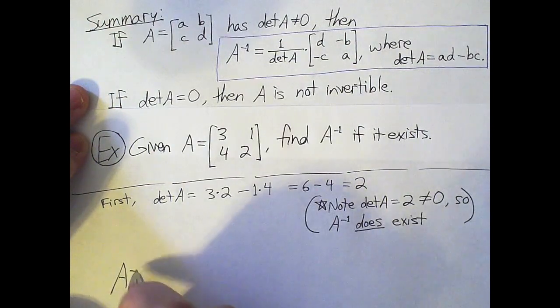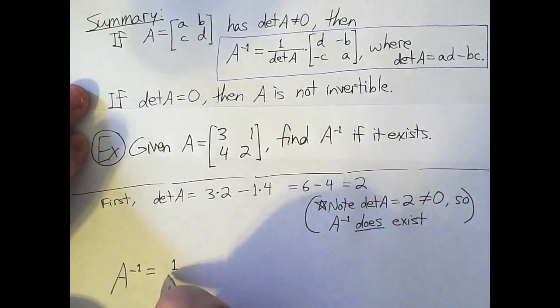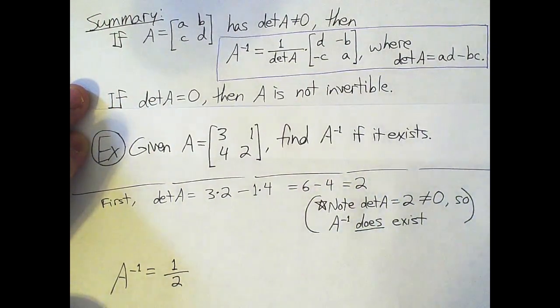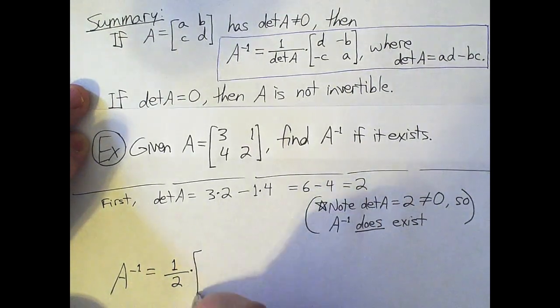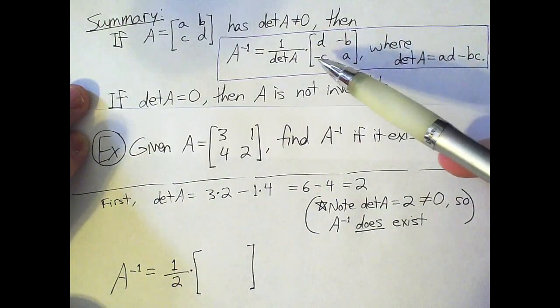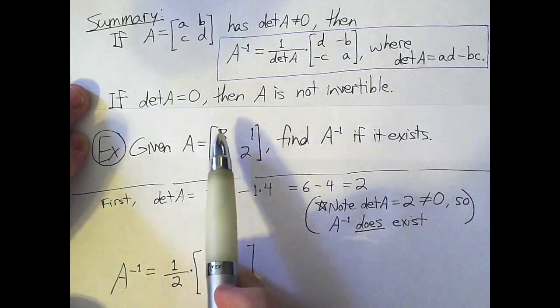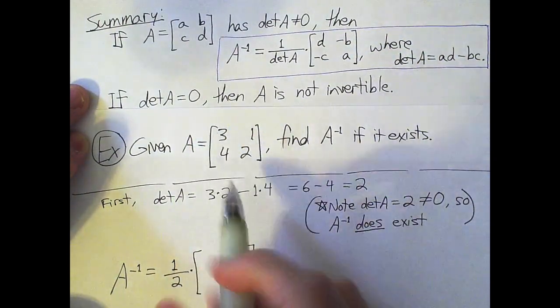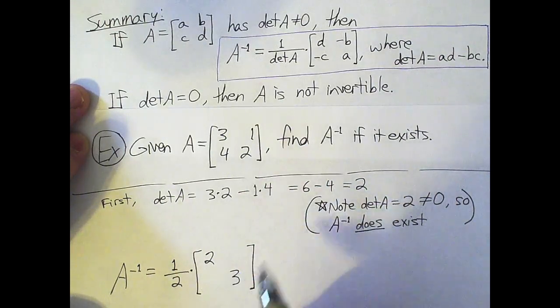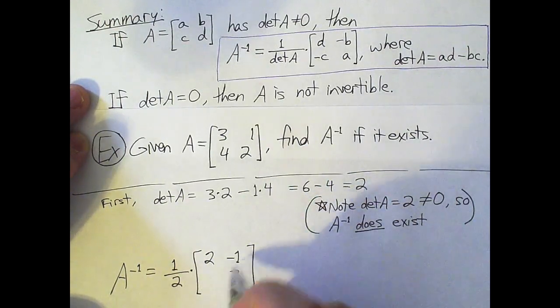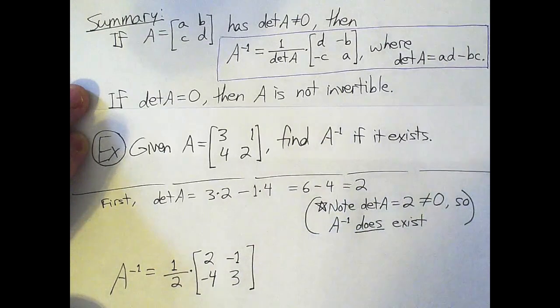So A inverse equals 1 over the determinant, which we found to be 2, times... All right, now we have to use this D, minus B, minus C, A, which I said you could think of as A and D swap places, and B and C stay where they are, but they get minus signs in front of them. But to finish this, we should actually do this multiplication.